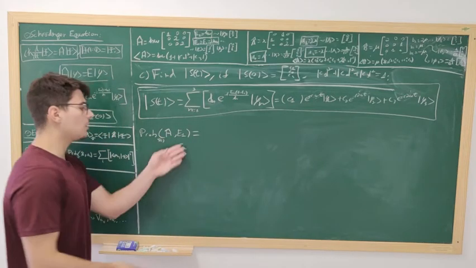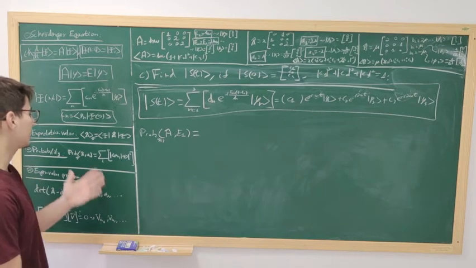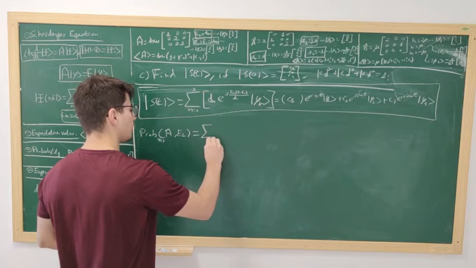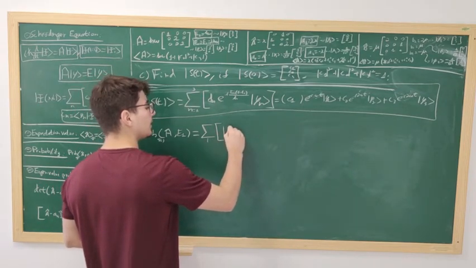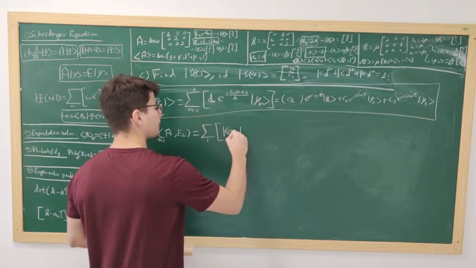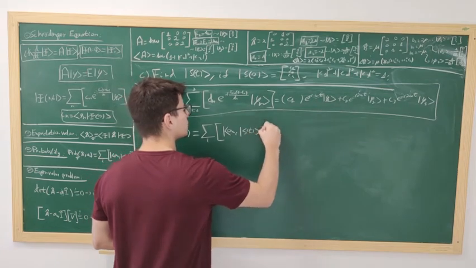So what is the probability of obtaining E1? Well, it is given by the third postulate of quantum mechanics, and it is just the sum over i of the modulus squared of the inner product of alpha_{n,i} with psi(t).